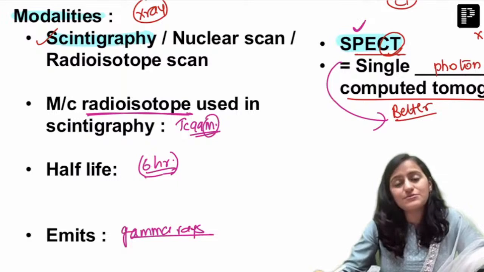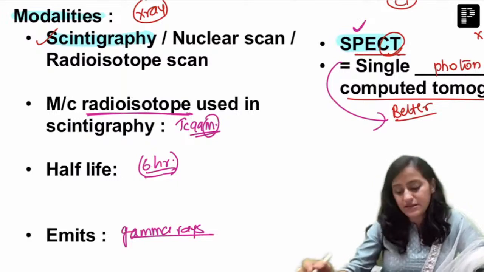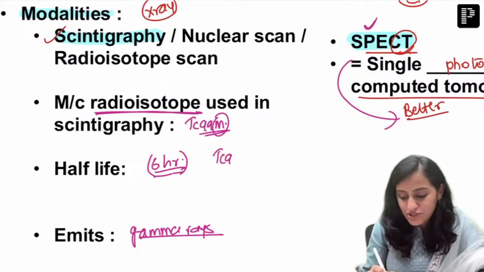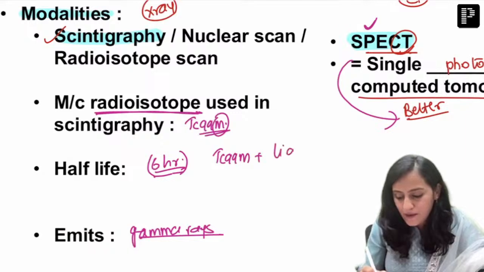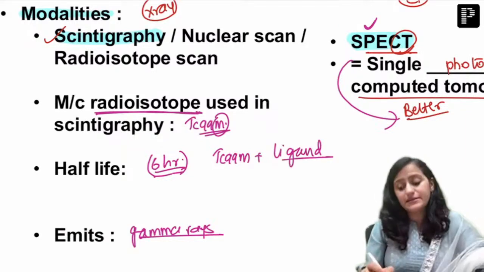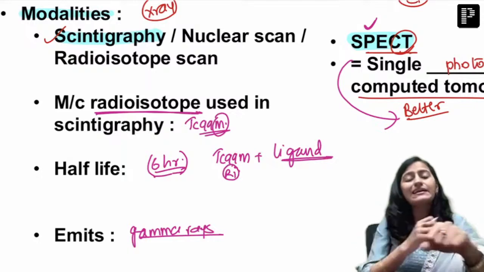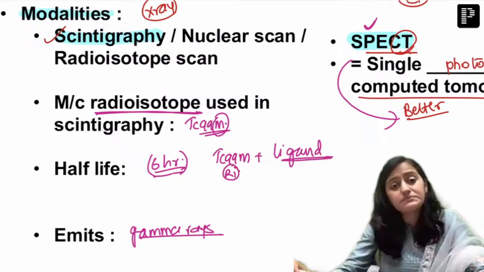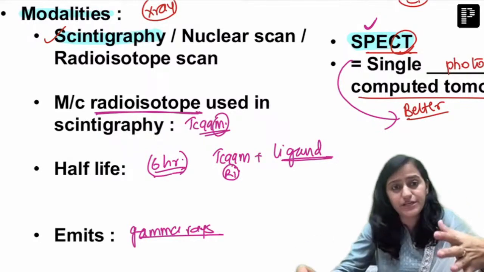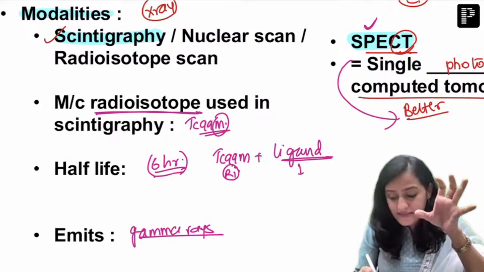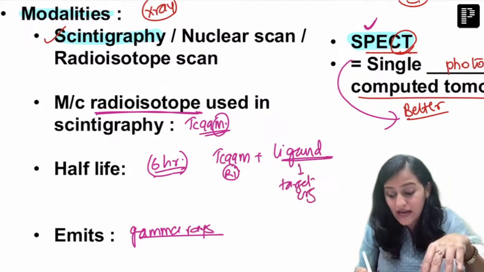So it is 6 hours, which is the half-life. What we do in scintigraphy is you have technetium 99M, the radioisotope, which is bound to a ligand and injected into the body. The ligand is what takes the technetium 99M to the target organ.